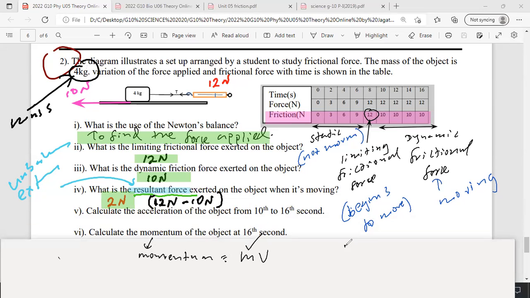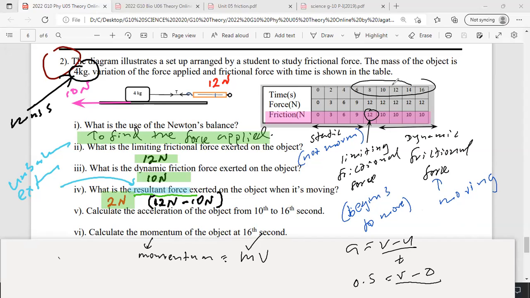You can use a equals v minus u over t. Acceleration we got is 0.5. Initial velocity is 0 at the beginning, because before you apply the force it is at rest. The time taken is given in the graph.